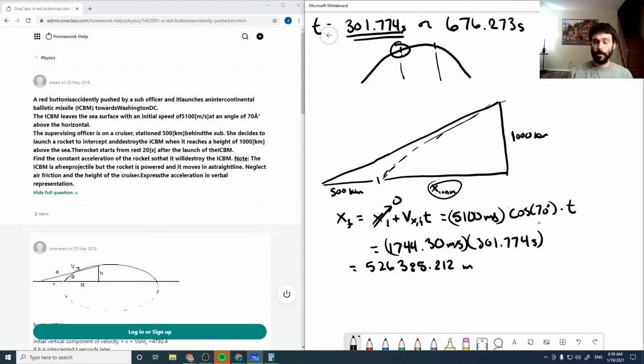So it turns out I've drawn this a little bit extended because it's about 500 kilometers. So it's pretty much the same distance either way.